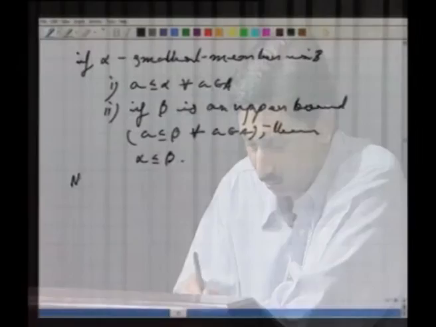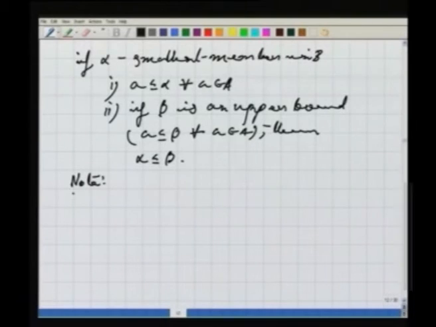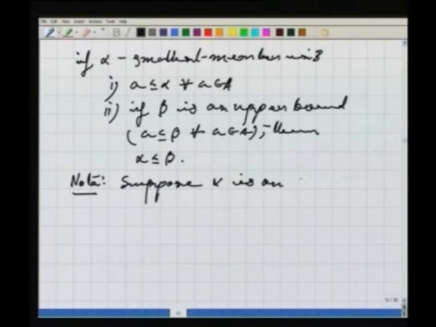Now, let us make an observation. Note: suppose alpha is a LUB and I look at alpha minus 1.